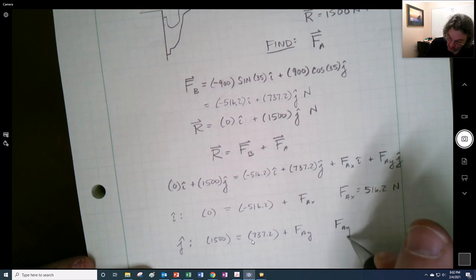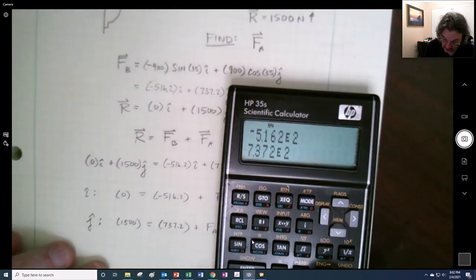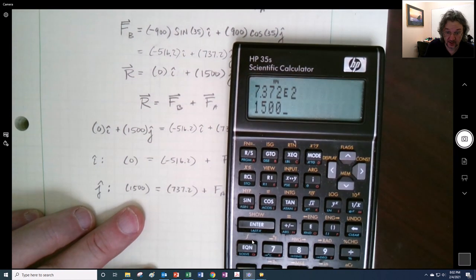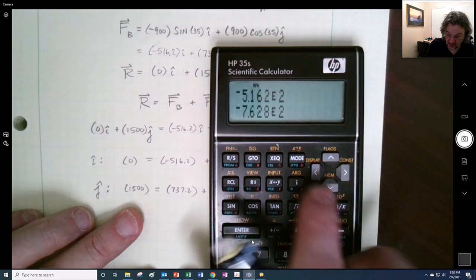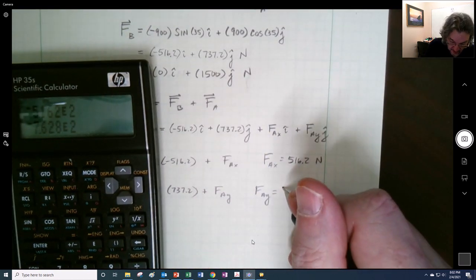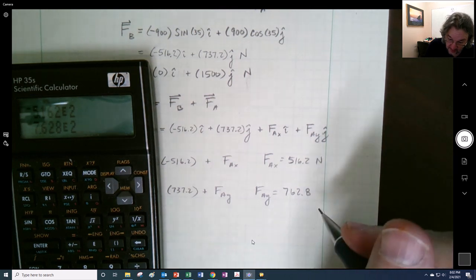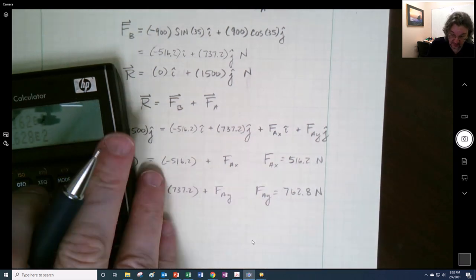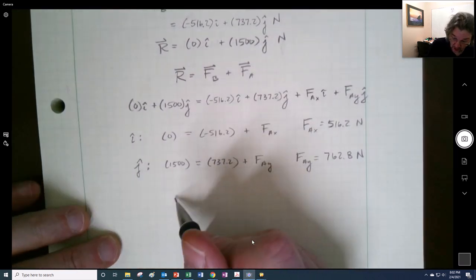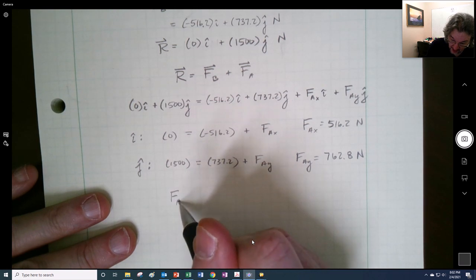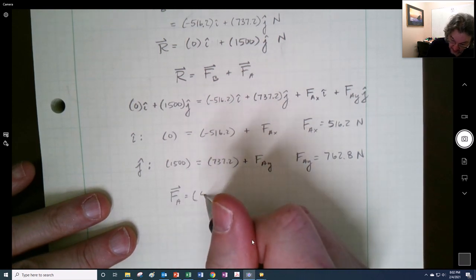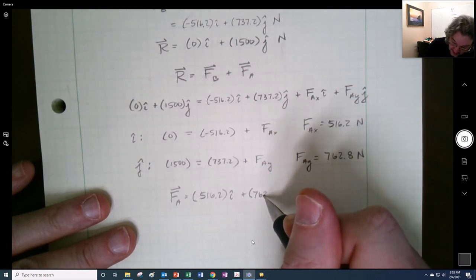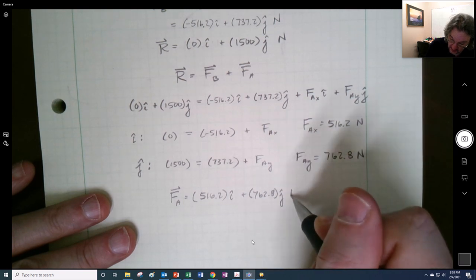So FAY, I'm just going to subtract them, is 762.8. Does that look familiar? No. Okay. It's also positive, right? So the answer here is FA is equal to 516.2 i plus 762.8 j. These are newtons.